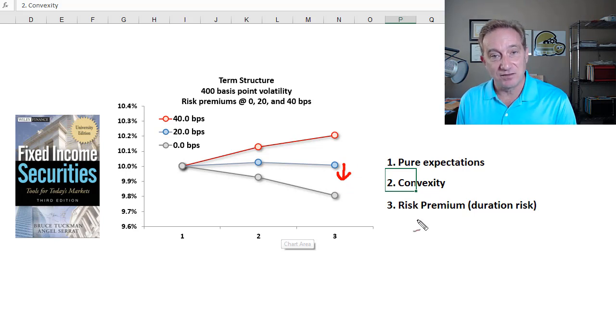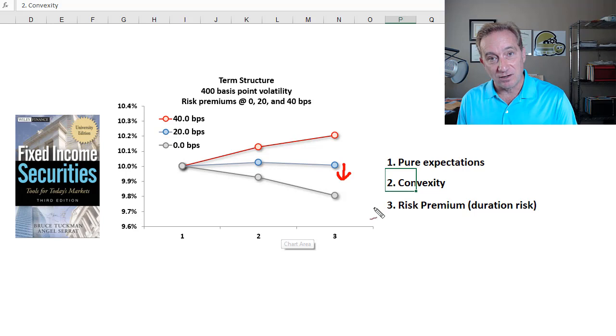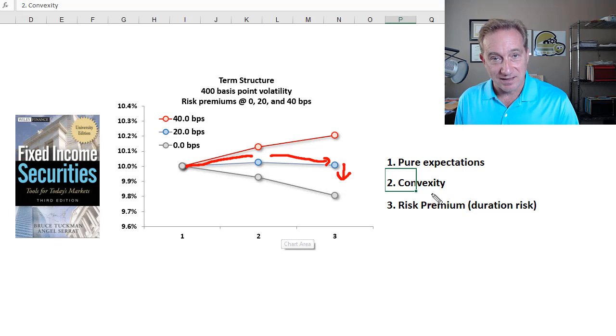The convexity is going to show up with a higher price for the bond that we paid because it's a benefit to the buyer, and a lower long-term spot rate. So convexity is going to pull this term structure down. That's why here in the middle, I have a curve that's initially going slightly up, but then is coming down. So convexity is the harder one, I think, to explain.